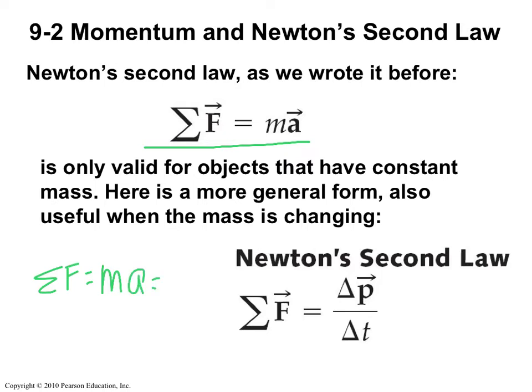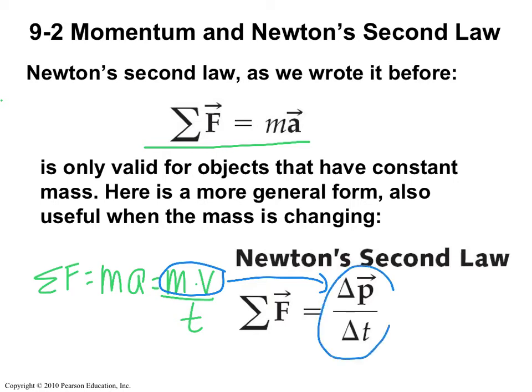We can also write acceleration as change in velocity over time. Now, as you look back at your notes from momentum that you just took, mass times velocity equals momentum. So the sum of the forces equals the change in my momentum over time. So that's how we relate Newton's second law to momentum.